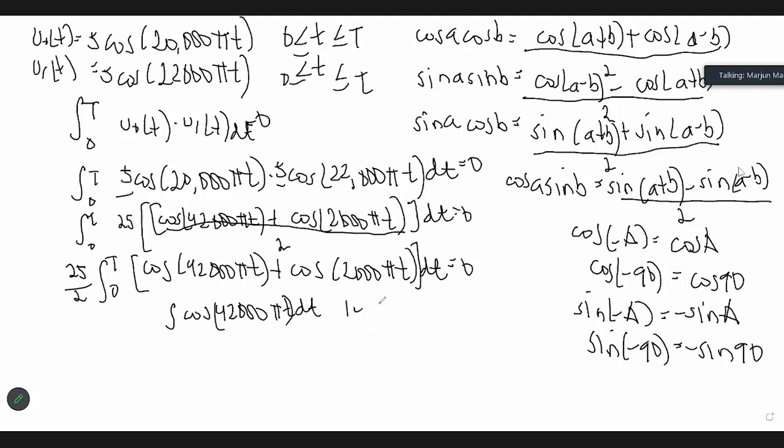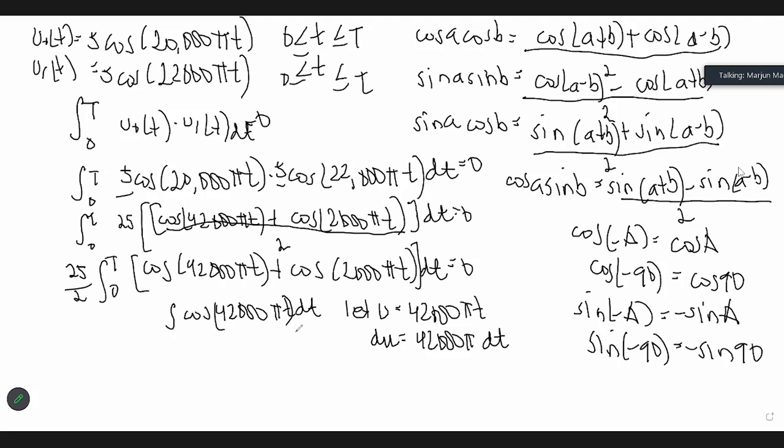So let u is equal to 42,000 pi t. And then find its derivative. So that is du is equal to 42,000 pi dt.